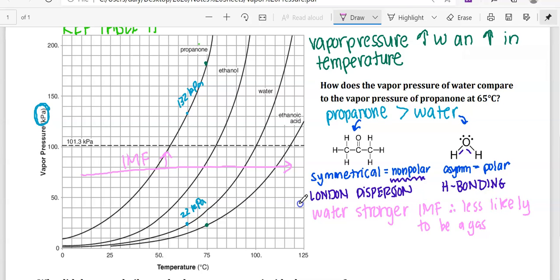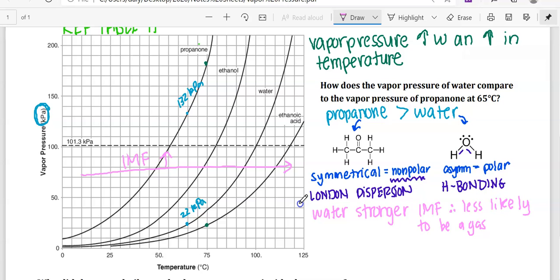But if you can envision that situation, in order for those liquid particles to escape into the gas phase, they have to be able to push up with enough force, aka the vapor pressure has to be great enough to overcome that atmospheric pressure, okay? So vapor pressure has to be equal to or greater than atmospheric pressure in order for the gas to escape, okay?